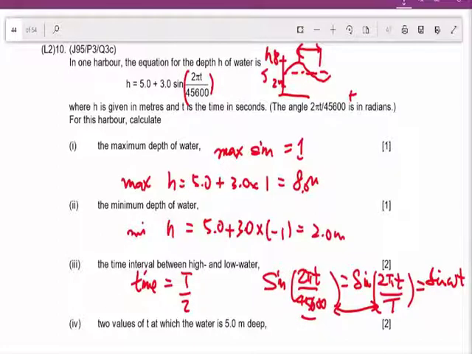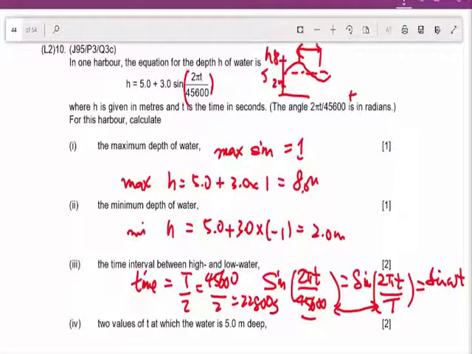So the time taken between the highest level and the lowest level is half of 45600, divided by 2, which gives you 22800 seconds.